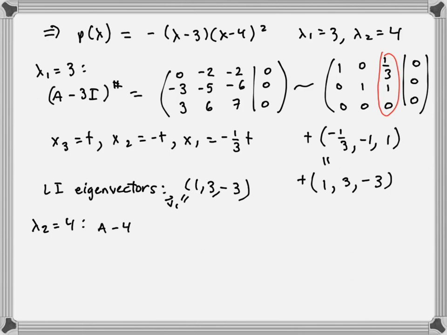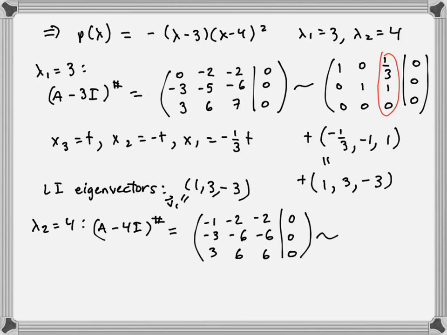What is A minus 4I augmented? So this gives me the following matrix: negative 1, negative 3, 3, negative 2, negative 6, 6, negative 2, negative 6, 6, and then 0, 0, 0, right? Again, I've done the work in advance, and actually this work is easy to do because rows 2 and 3 are both scalar multiples of the first row.